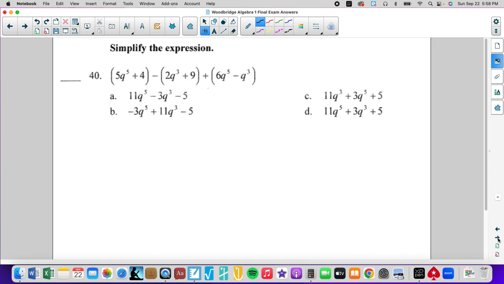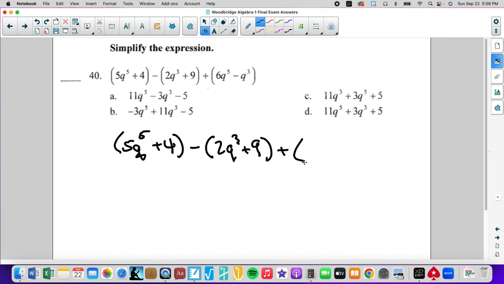Simplify the expression. We're going to see this a lot this year. So we have 5q to the 5th plus 4, minus this quantity 2q to the 3rd plus 9. And then we're going to add this quantity q to the 5th minus q to the 3rd.